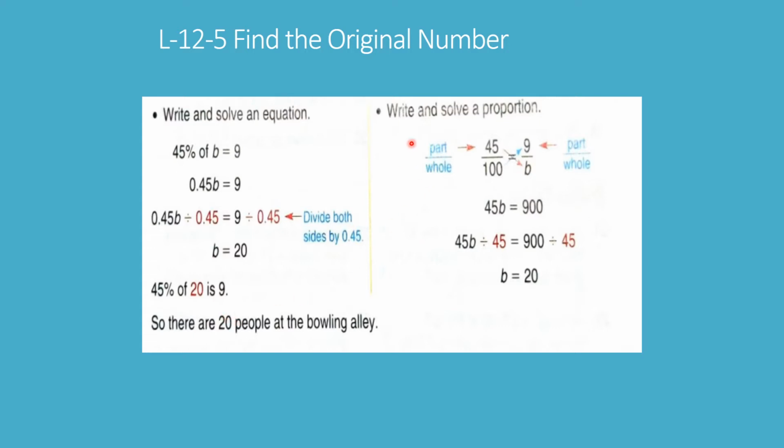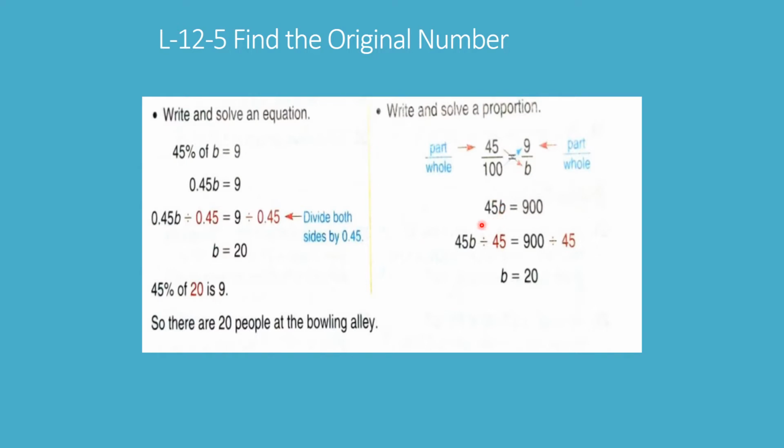In the same way for solving by proportion, this is part and the whole. What is the part? 45 out of 100, and in this one the part is given and the whole you can find out. Again cross multiply: 45 multiplied by b, 9 multiplied by 100 is 900, and then again b alone.